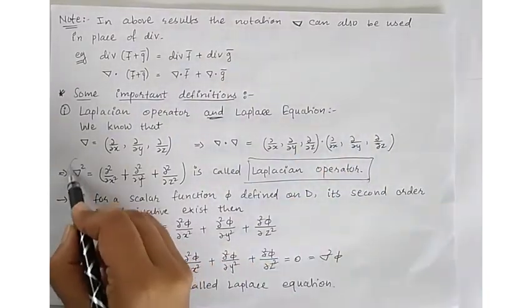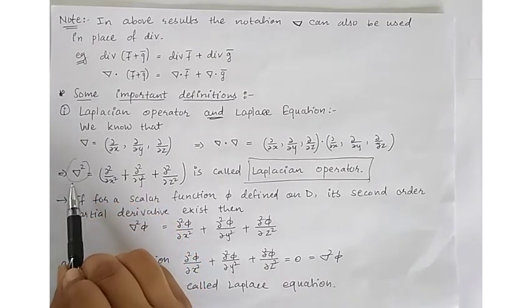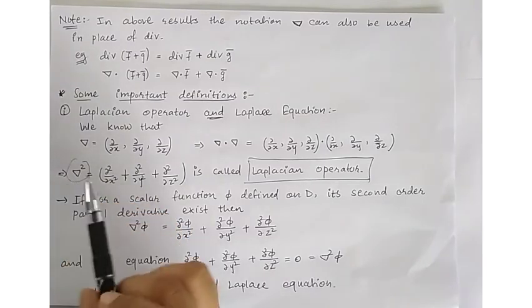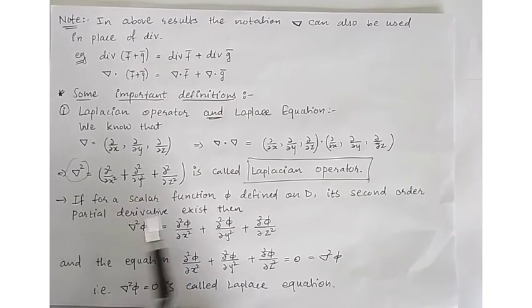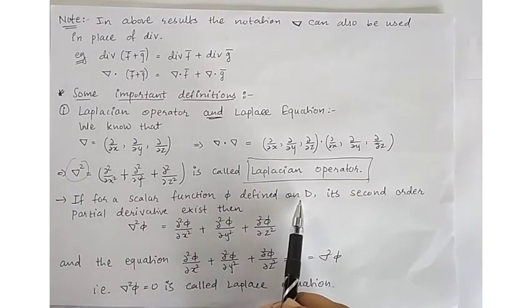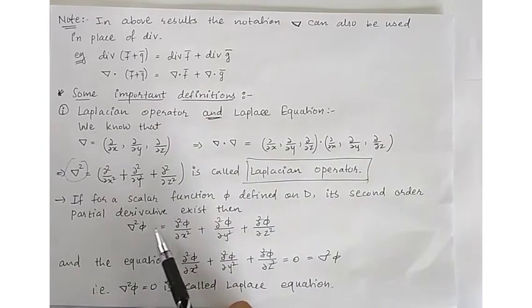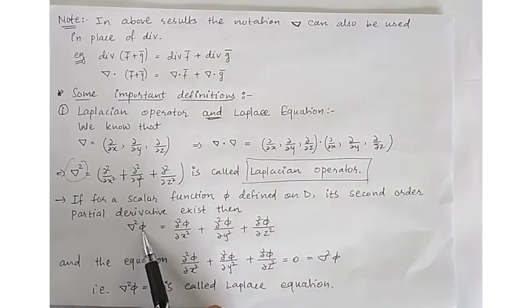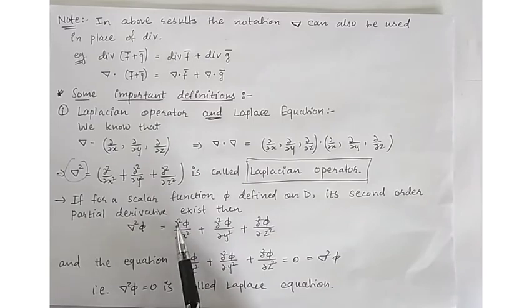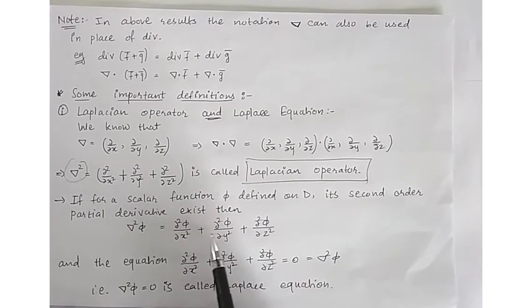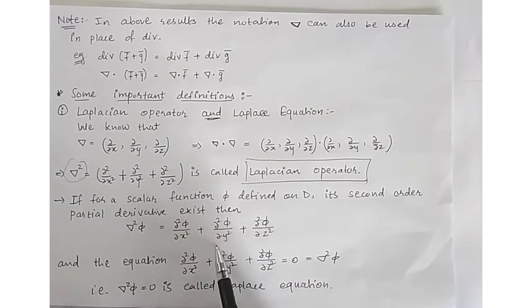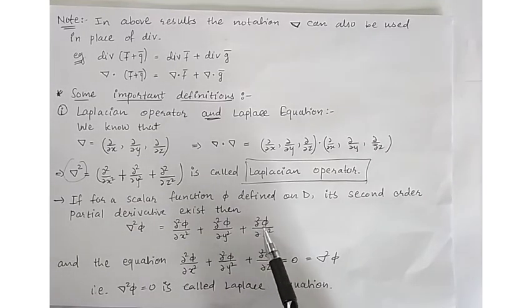Laplacian operator. So del square is my Laplacian operator. Next, for a scalar function phi which is defined on domain D and whose second order partial derivatives exist, if I apply this Laplacian operator on phi, it gives del square phi upon del x square plus del square phi upon del y square plus del square phi upon del z square.